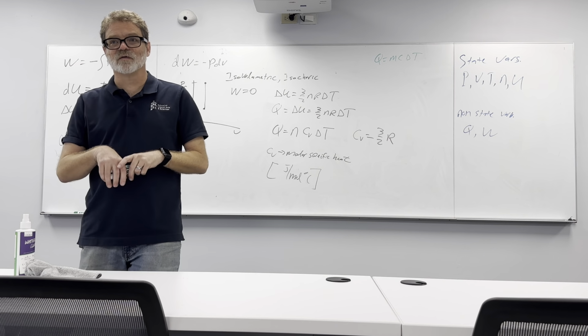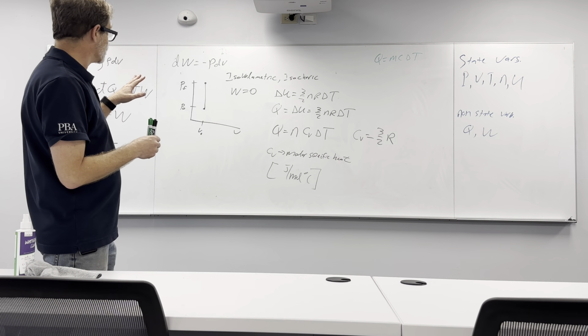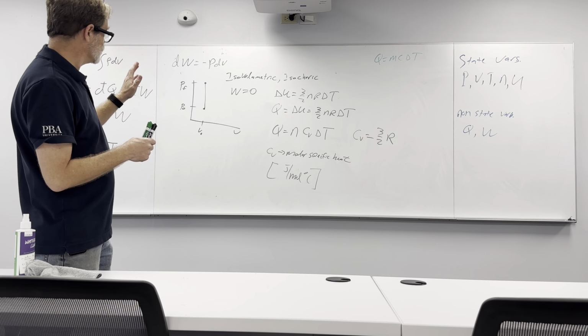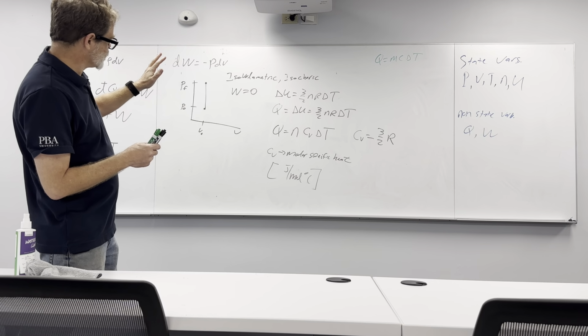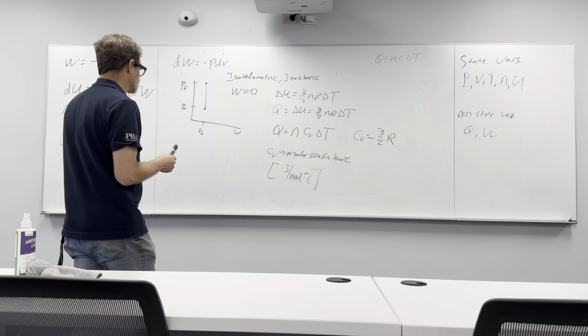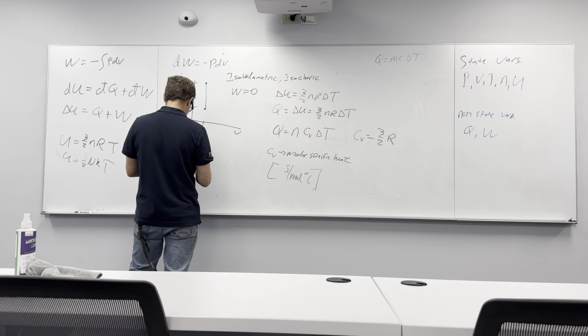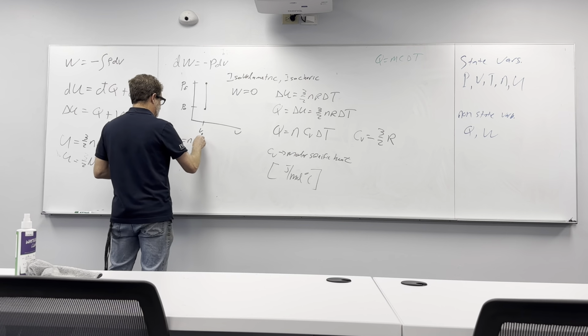Okay, this is all the information you need for the isovolumetric process. We got the work at 0, we got the Q, we got the delta U, we know those. We look at the ideal gas law, what's being kept fixed? PV equals nRT.